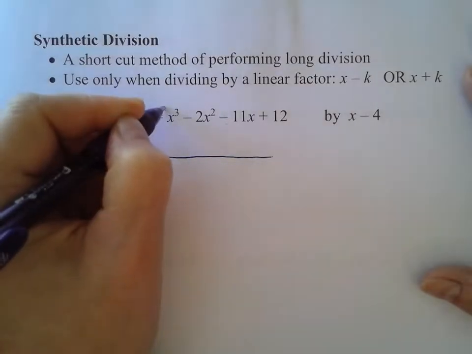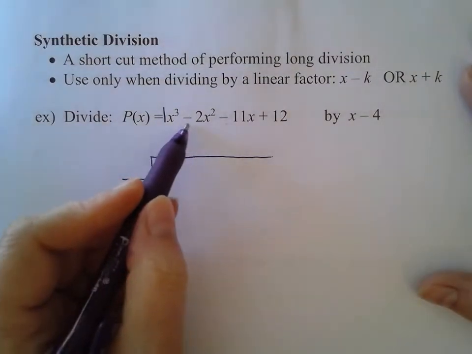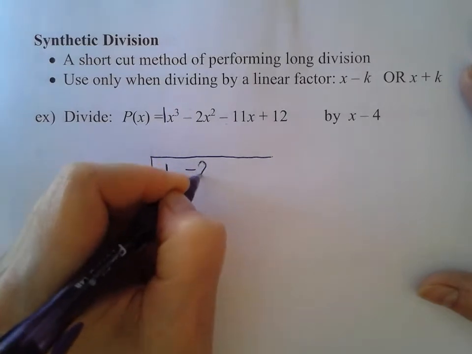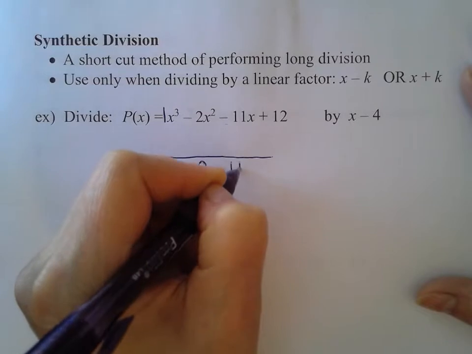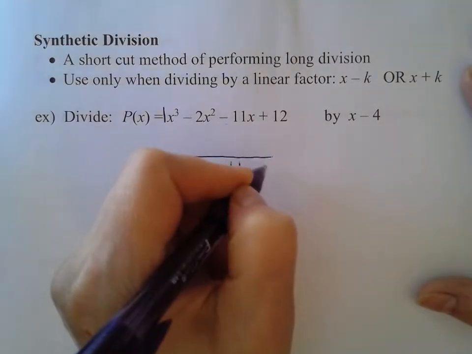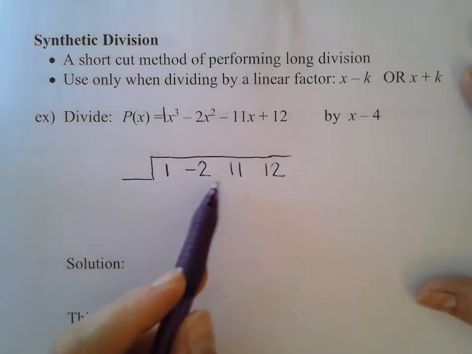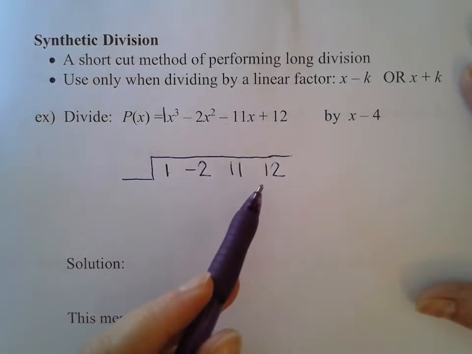There's an implied 1 here in front of the x cubed. I'm not going to write the x squared. I'm just going to write the -2 that's out front. It is a requirement that you have your terms in order. And just like before, if there were any missing powers of x, we would put a 0 in the place of that missing power.